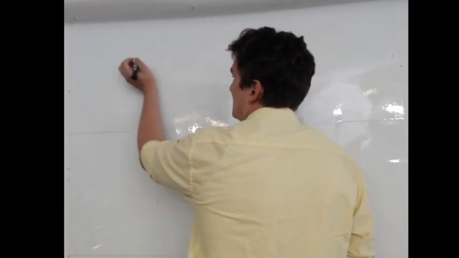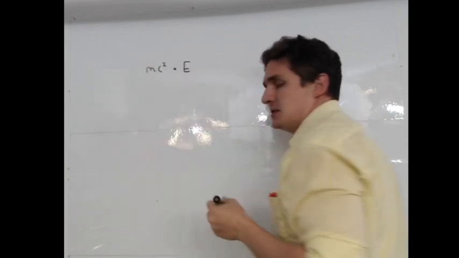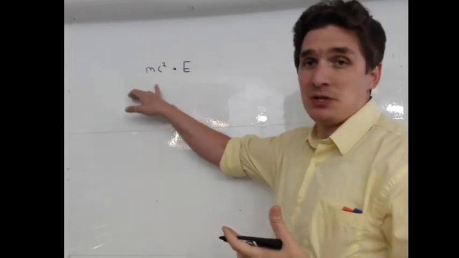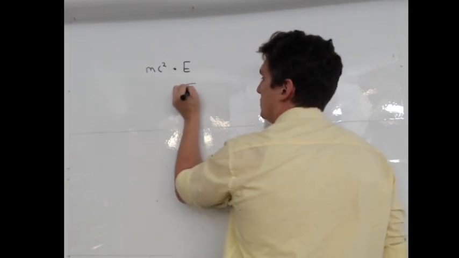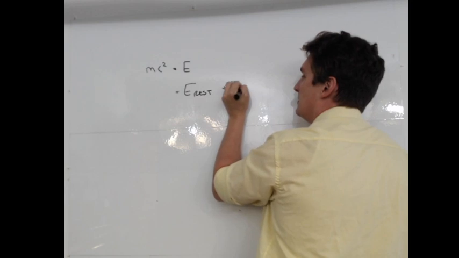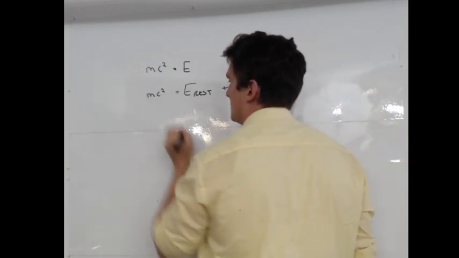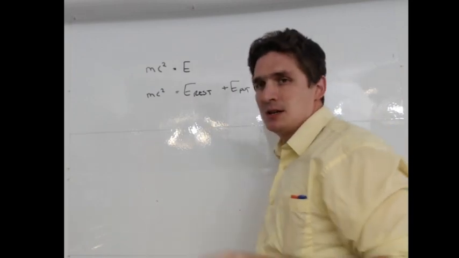So we have the relationship E equals mc squared, but let's turn it around. We have two types of energy here: the rest mass, and the potential energy. E here equals, actually this is kind of misleading.